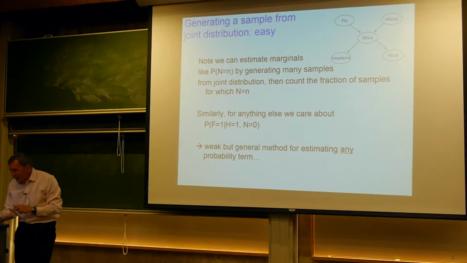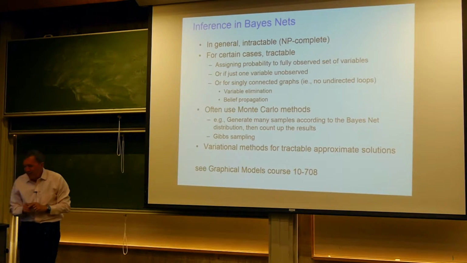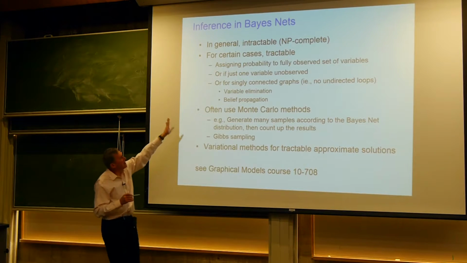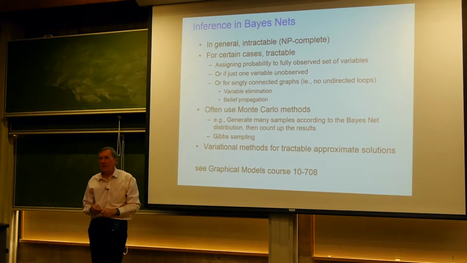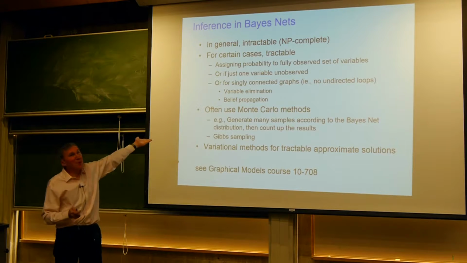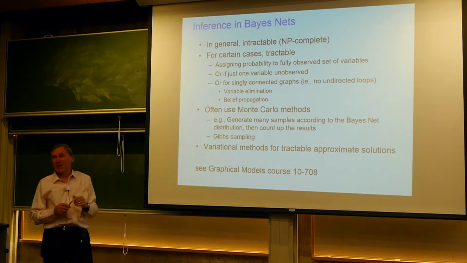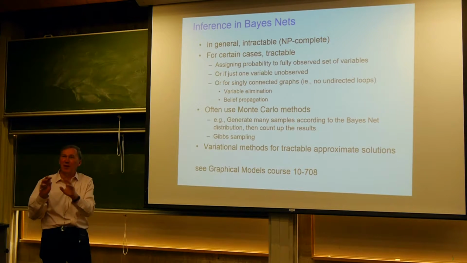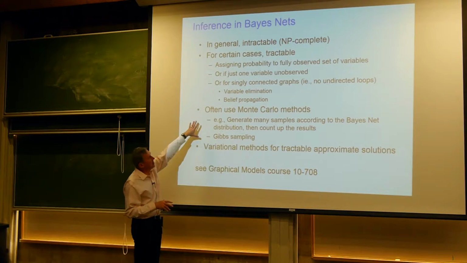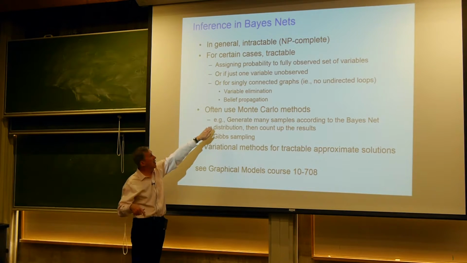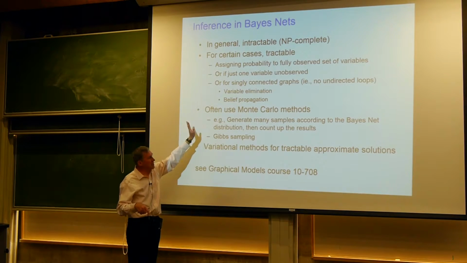Okay, good. So then, again, as I said before, there's a very intricate literature on doing inference in Bayes nets, mostly because in the end it is an NP-complete problem, and so there's a lot of work on particular structures of Bayes nets that allow more efficient inference, and these kind of Monte Carlo methods, including the sampling technique that I just mentioned, and other kinds of techniques.